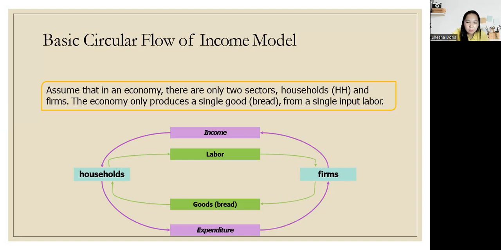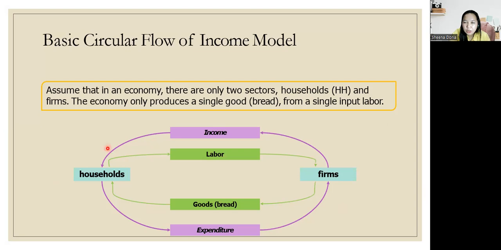For this model, we are assuming that the economy produces one single good, which is bread, and from a single input, labor. So in this economy, only bread is sold. Why did it become a circular flow model of the economy? As we said, expenditure is equal to income. There are two sectors here, the households and the firms.